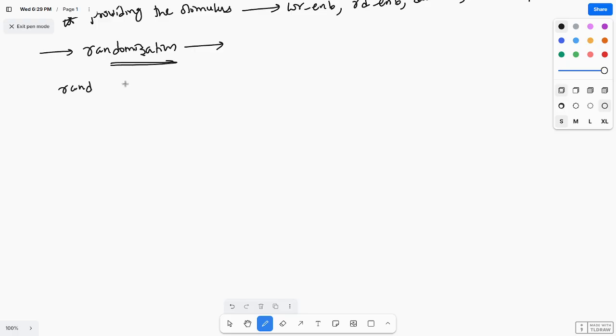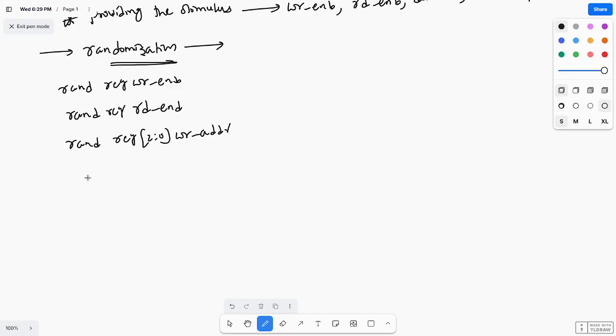Rand reg write enable. Rand reg read enable. Next, rand reg 2 down to 0, write_address.